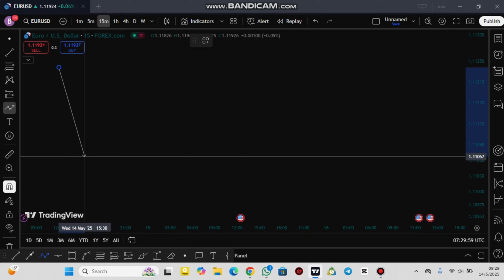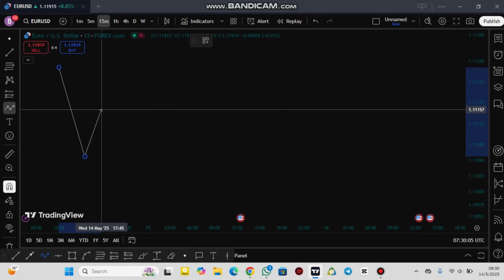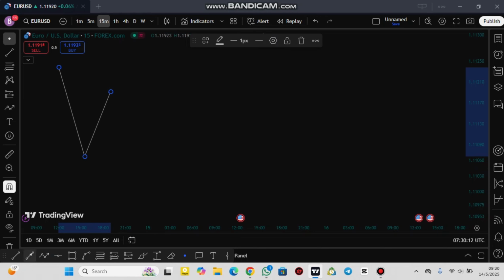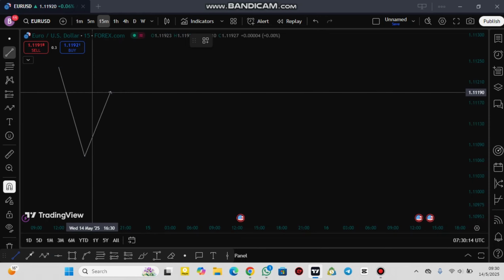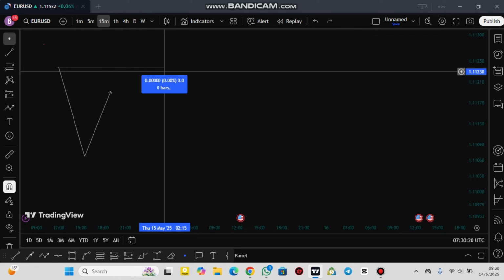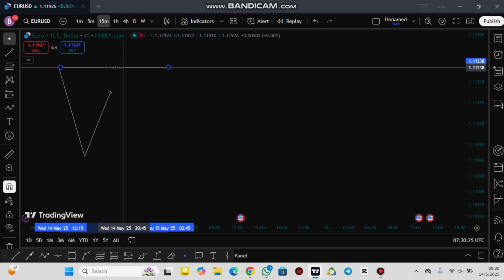After the market creates a new lower low, you want to see a retracement, a pullback. And after this pullback, in order to see that this is a bearish market, you want to see the price respecting the previous high. Once you see that, this confirms that this is truly a bearish market.